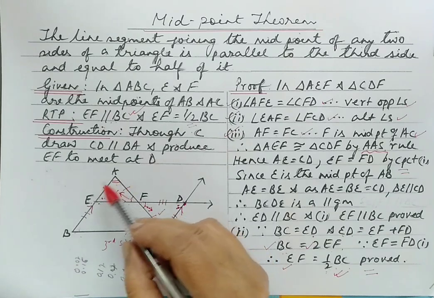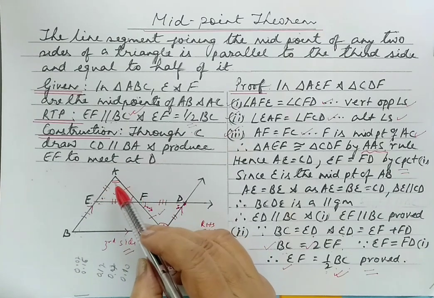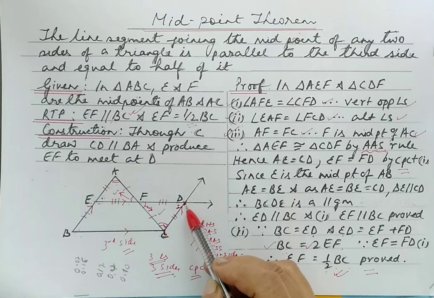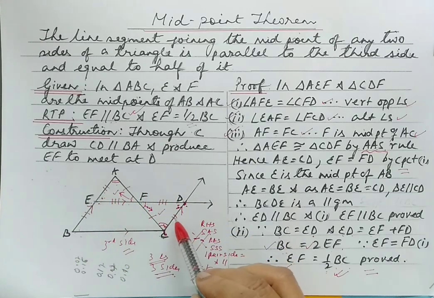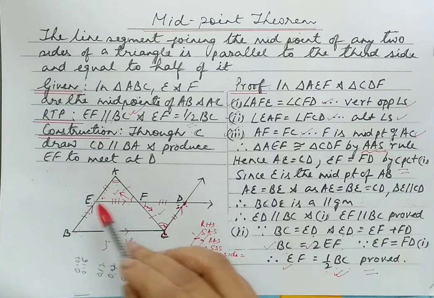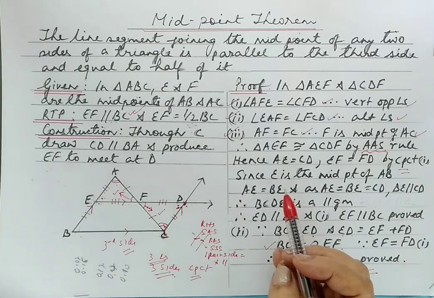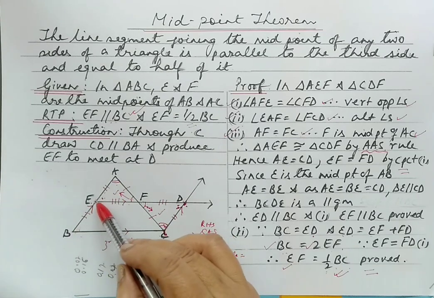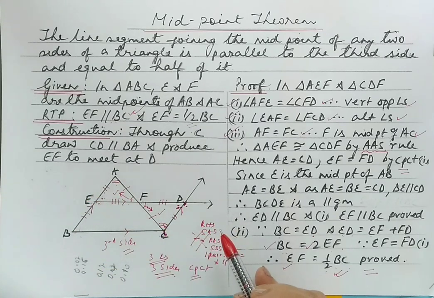How do we prove that? Now that we have done the congruency, we know that we have in hand AE equals CD. And if this is equal to CD, which means AE, which was equal to BE, CD becomes equal to BE. Let me repeat. AE had been equal to BE because E is a midpoint.